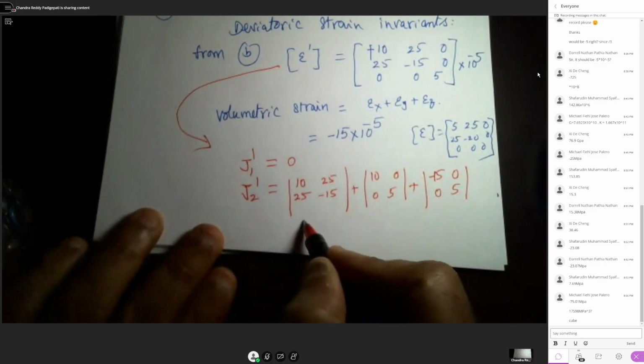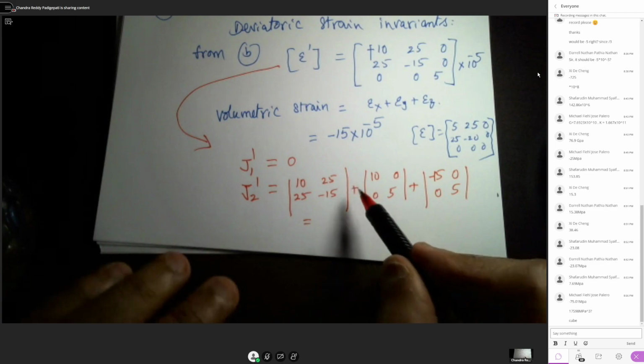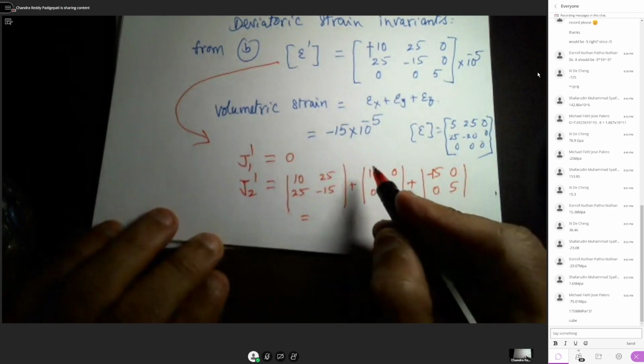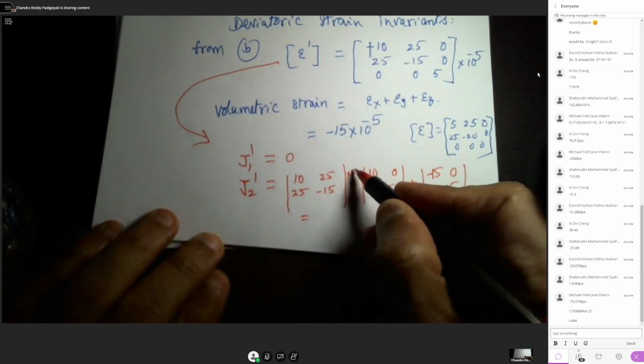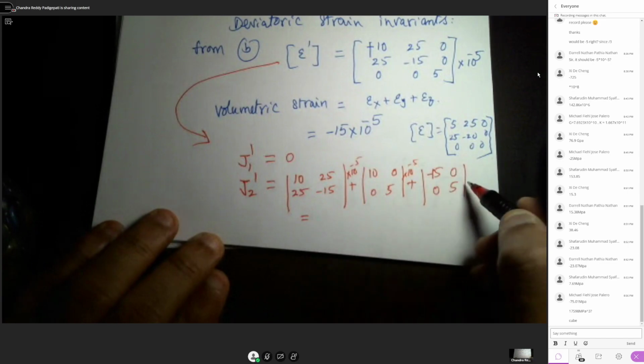So calculate and let me know the second deviatoric invariant. Make sure every part is multiplied with 10 to the power minus 5. I didn't write that.